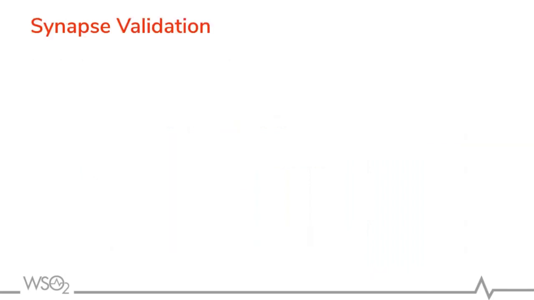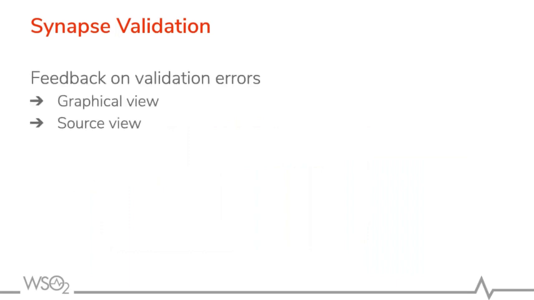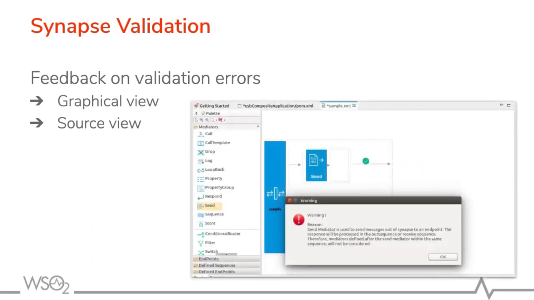One of the next most important improvements we made for the developer experience was Synapse validations. What that means is that once we add the workflow, it will validate the mediator workflow through the Synapse runtime.